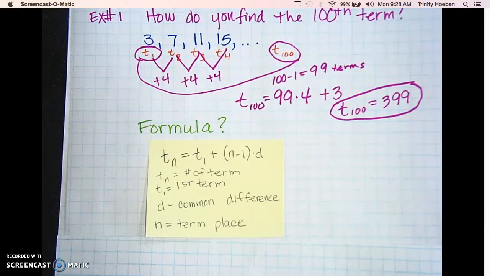So in example number 1, they wanted us to find the 100th term. T sub 1 is the value of the first term, which is 3. D is the common difference. That's how much we added or subtracted. So on that one, we added 4. And then n is the term place, which was 100.